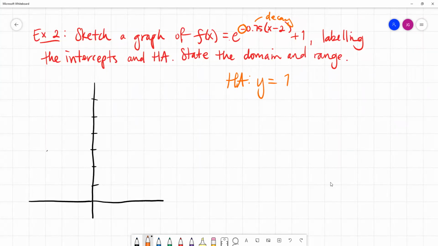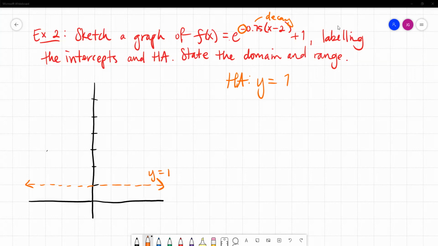Horizontal asymptote at 1. I don't know why I'm drawing a solid line. There we go. Horizontal asymptote at 1, and I need to check to make sure that I'm actually sharing my whiteboard because I'm worried that I'm not. I am, okay. Y is equal to 1.